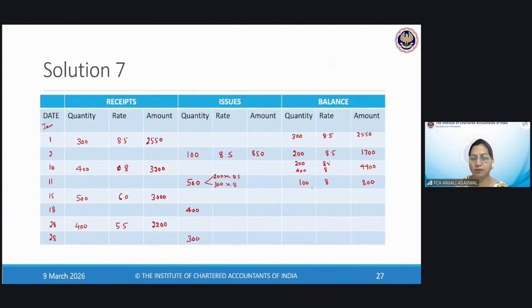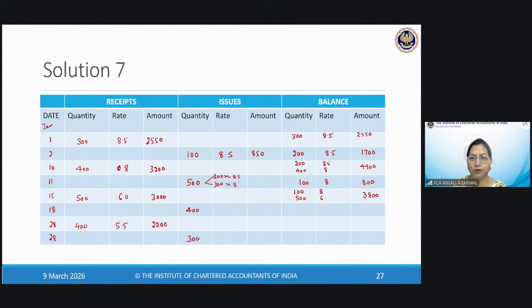So the balance remaining would be 100 at 8.5. So now you have got only 100 units, which is 8 rupee per unit, 800. Then you again have received, so 100 of 8 and 500 of 6. So the total cost is 3,800.